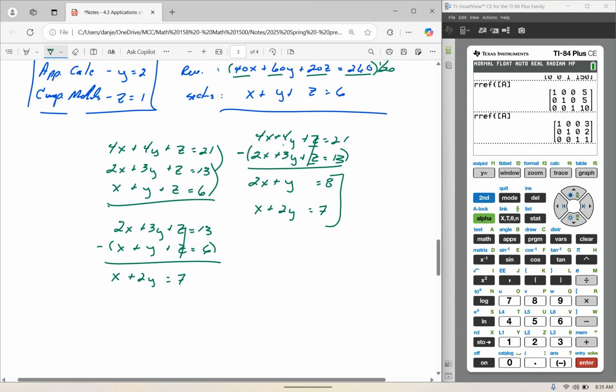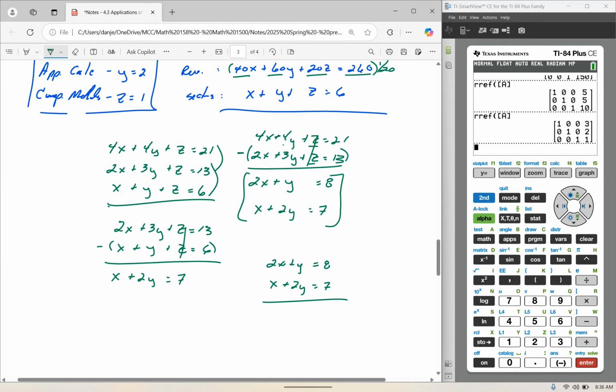So now I have these 2 equations here. I'm going to take the 2x plus y equals 8, and we have x plus 2y equals 7. Let's multiply one of the equations by -2.